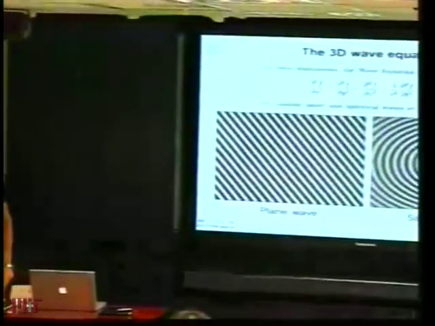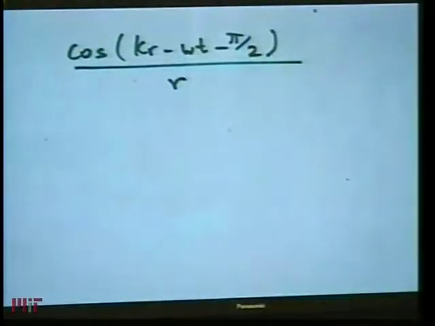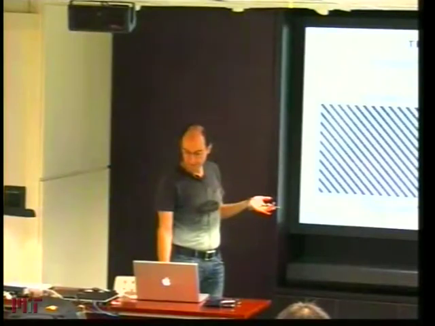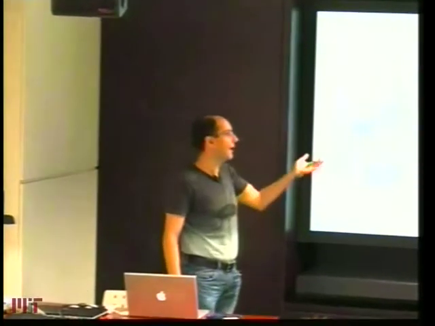Then I bothered to put another term over there, minus pi over 2. This might sound a little bit weird. In general, you can put any phase that you like there. It means that you have a shifted time axis. So I could put phi there. Why did I bother to put pi over 2? What is the pi over 2 relative to?